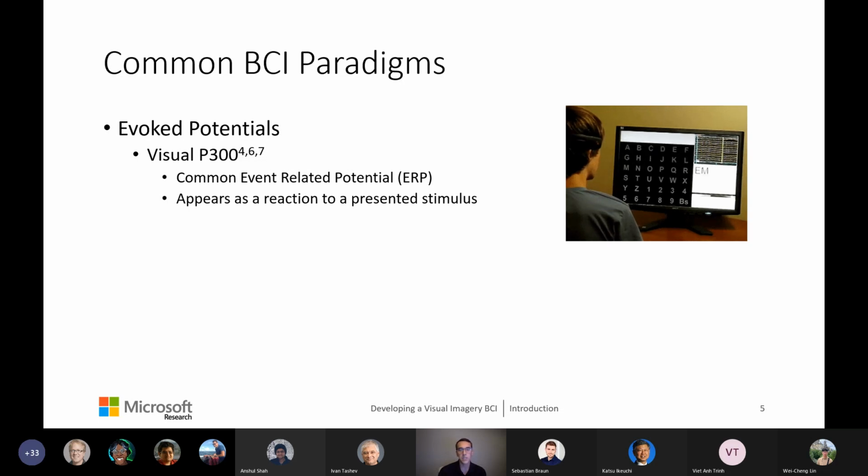The different rows and columns are highlighted at different times. Based on what the participant is looking at and the changing intensity levels of that letter flickering on and off, you can judge, from when the letter highlights and when the ERP response happens in the brain, which letter they're looking at.